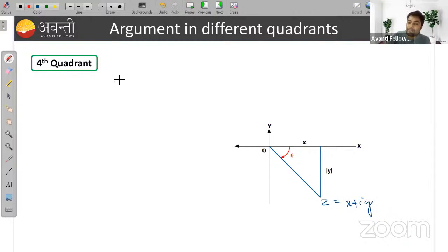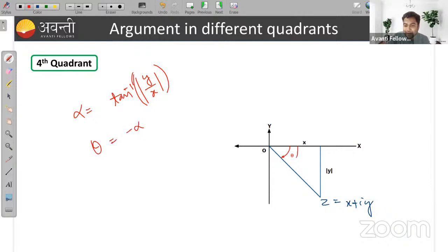The argument will be simply alpha. What is alpha here? That is tan inverse of mod of y upon x. Always remember, alpha is tan inverse of mod of y upon x. So what is theta here? Theta is equal to minus alpha.